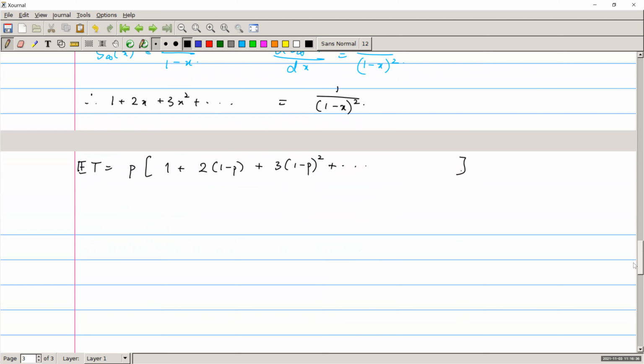Right? So what is the expectation of t? Right, so you know this. Tell me what is this sum?